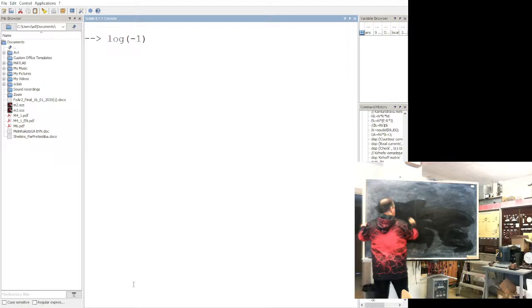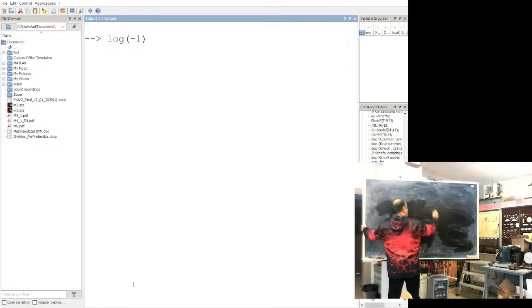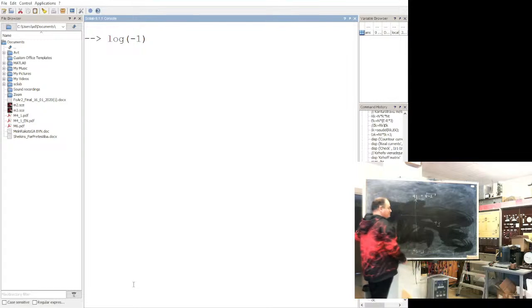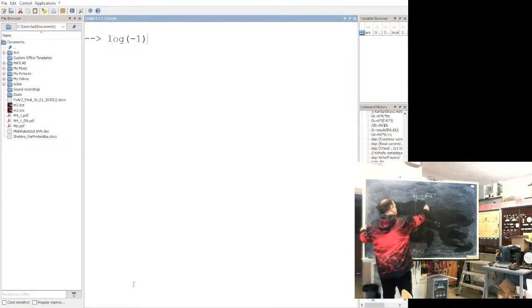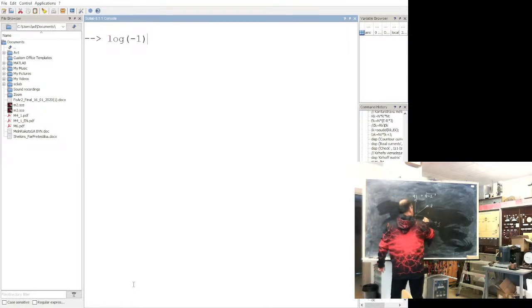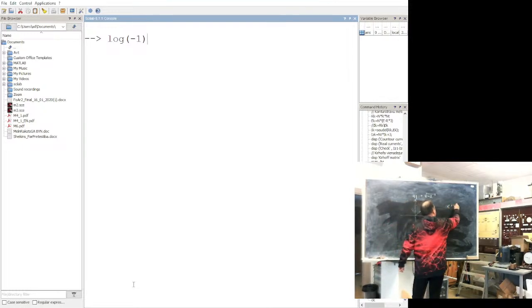If you have a complex plane, with 1 and j, where j equals the square root of minus 1, you have some complex vector, A, B. So x is A plus jB.